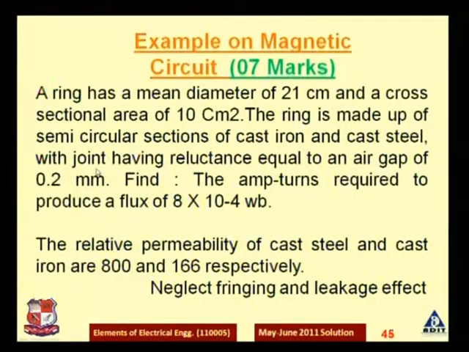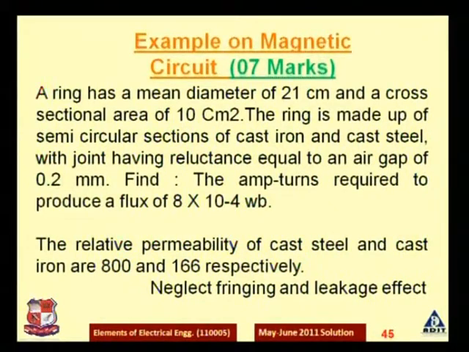Now let us move to another question where you are asked to solve one numerical from the magnetic circuit. In this numerical, a ring is given which has a mean diameter of 21 centimeter and a cross section area of 10 centimeter square.